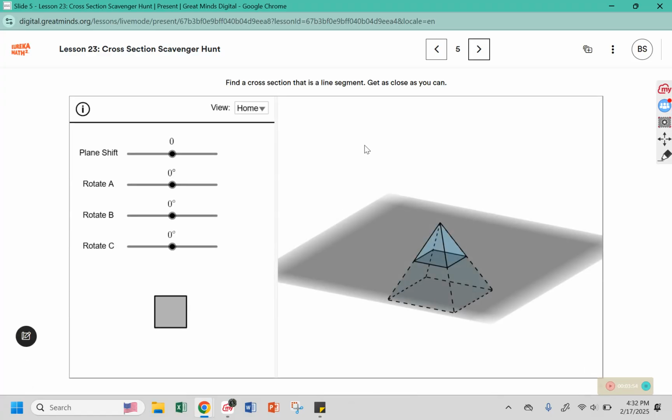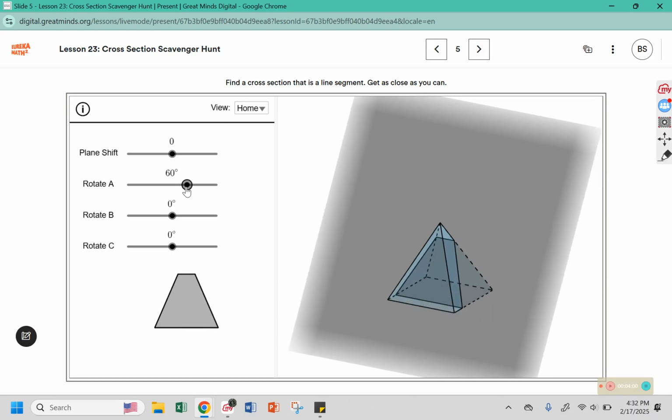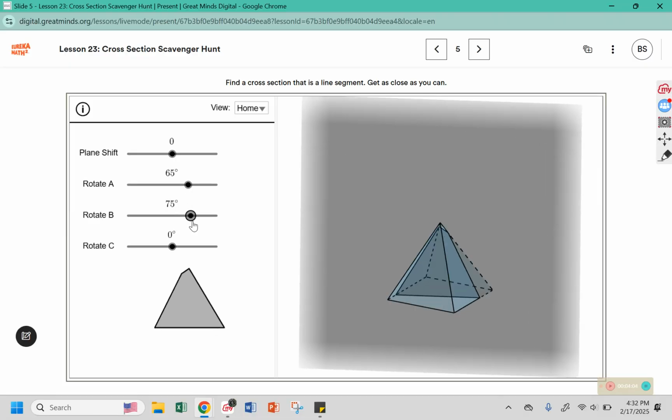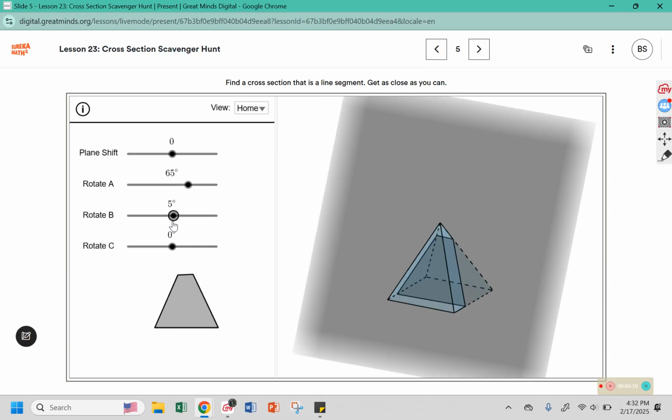Find a cross-section that is a line segment. Get as close as you can. So we're going to line it up so that it matches up with one of the sides. Let's see.